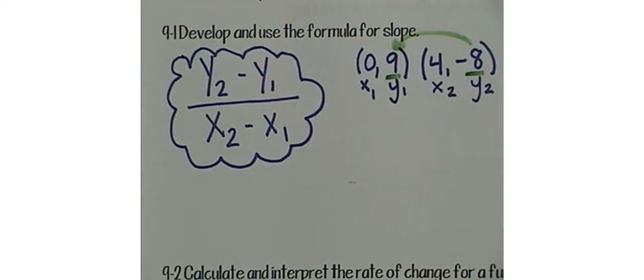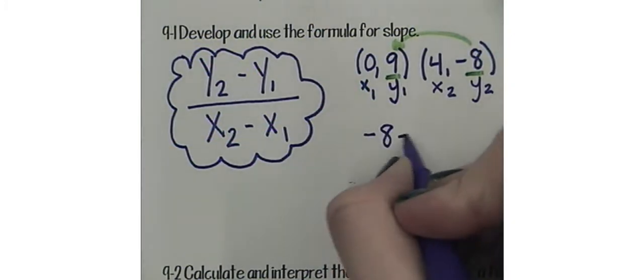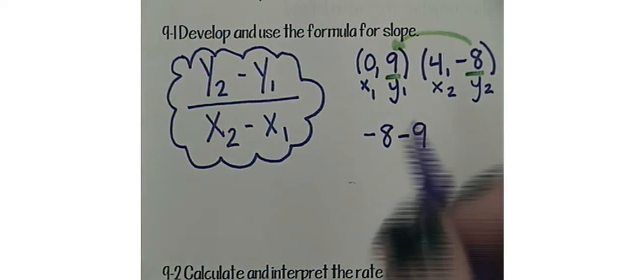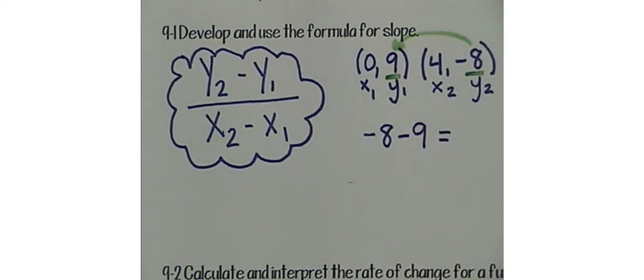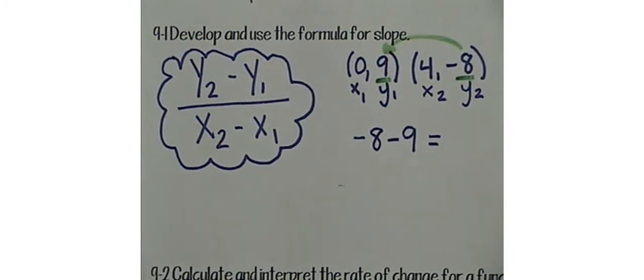So it's going to be negative 8 minus 9. So you owe one person $8, you owe somebody else $9. So we're already in the negative and we're taking away more.